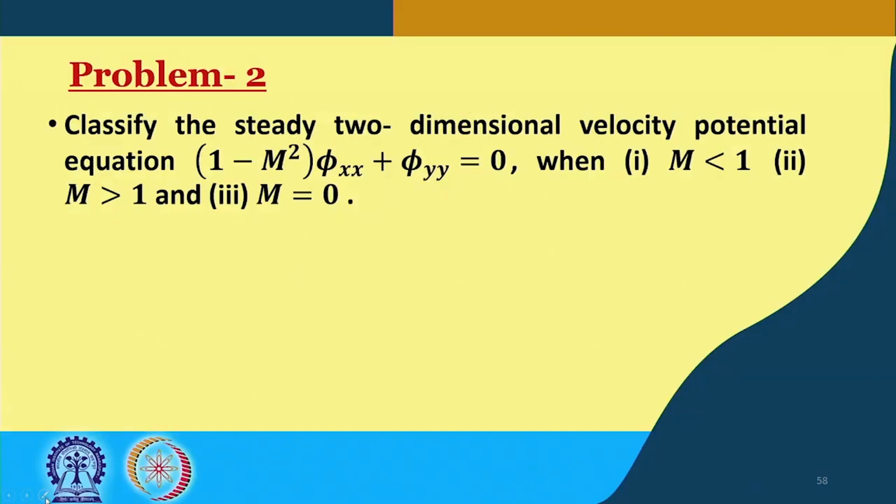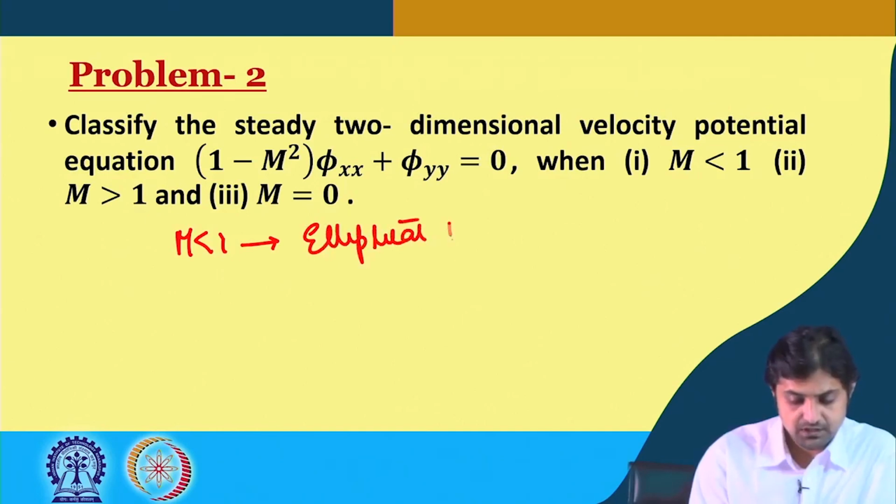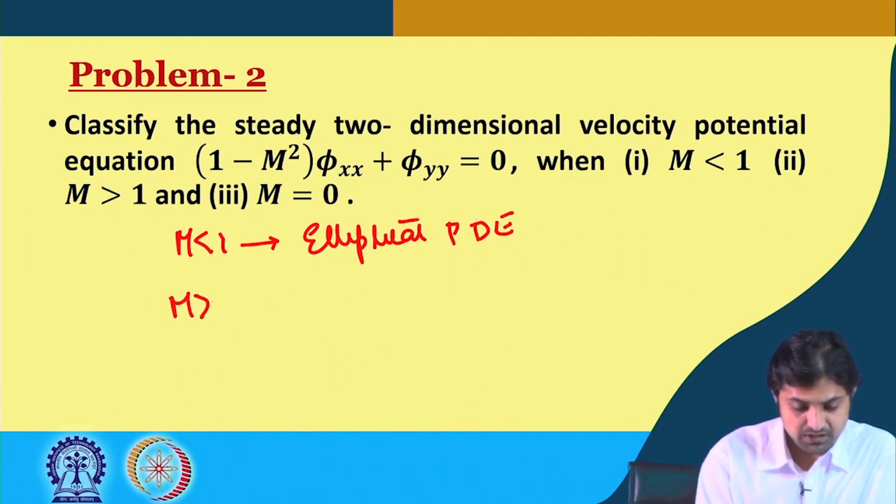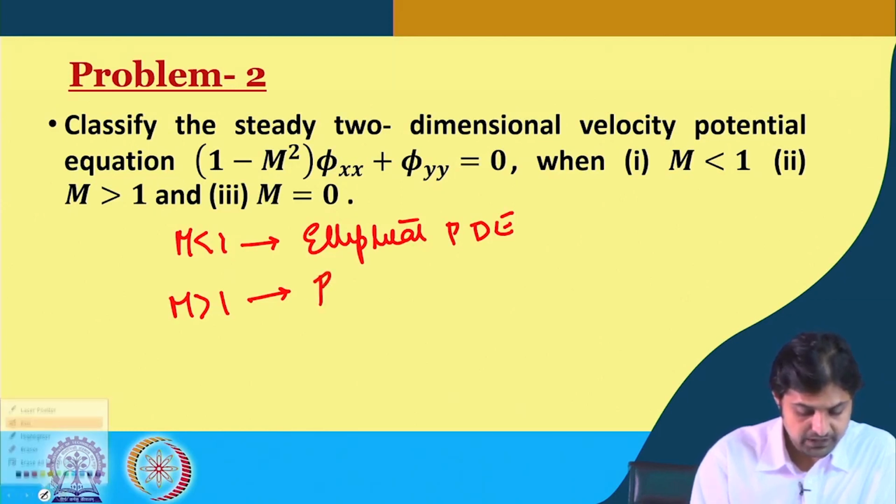So I'll just write the solution here. So when m is less than 1, it was elliptical PDE. M greater than 1, it was hyperbolic.